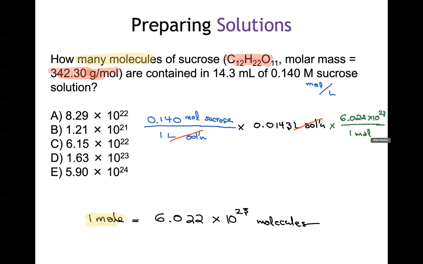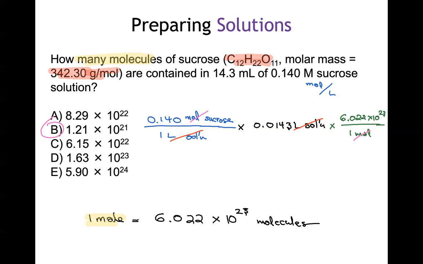So then moles would cancel out with moles and we end up with molecules. If you do the math, I believe you'll get 1.21 times 10 to the 21st molecules of sucrose.